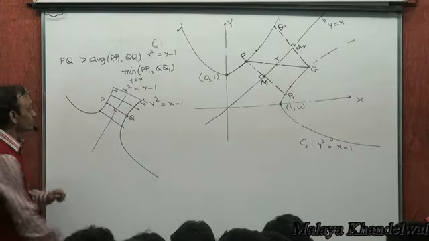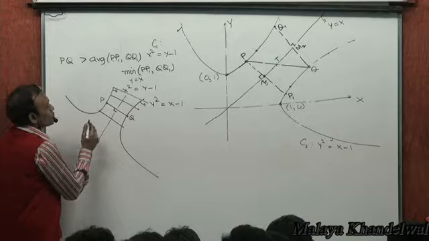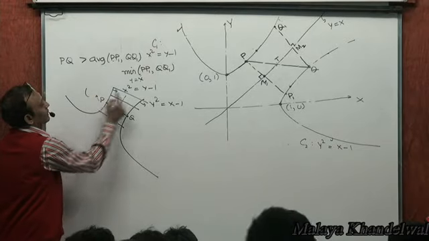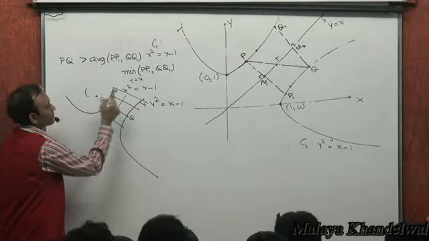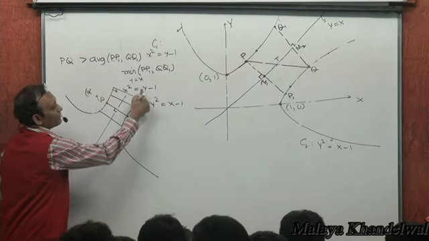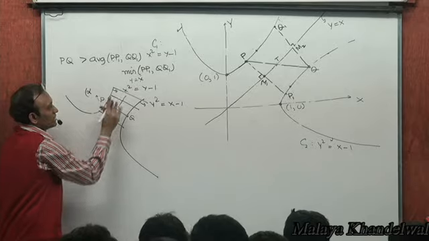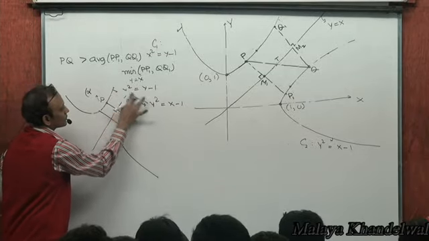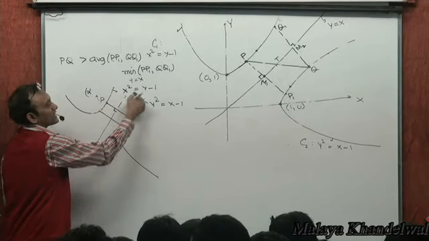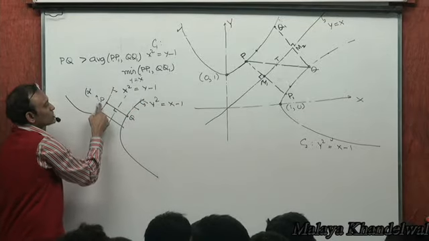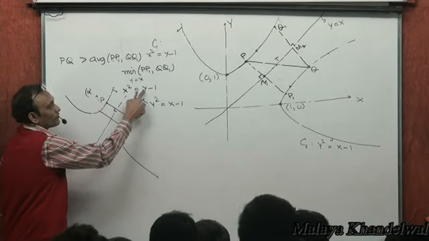Right? Okay. So, suppose this P is x equal to alpha, then y would be alpha squared plus 1, isn't it? On this curve, what is this curve? This curve is x squared equal to y minus 1. So, x of this point suppose is alpha, then what would be y?